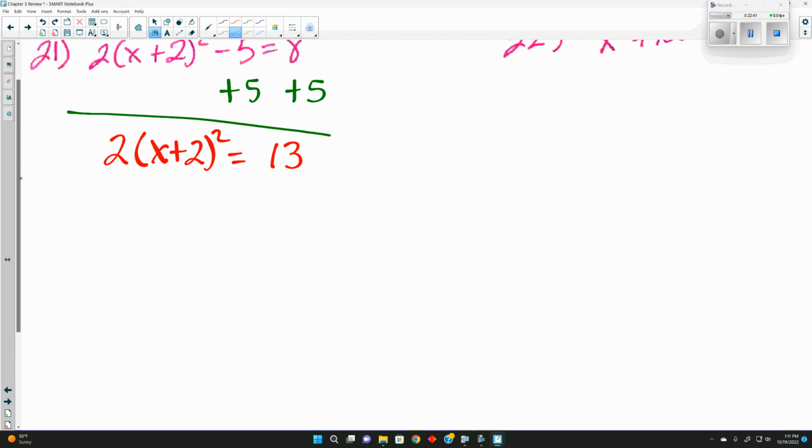Okay. So it doesn't cross the x-axis at whole numbers, so we're going to have to solve it the other way. The only other way is to multiply x plus 2 by itself and use the quadratic formula. Here it's going to be easier to add 5 to both sides.